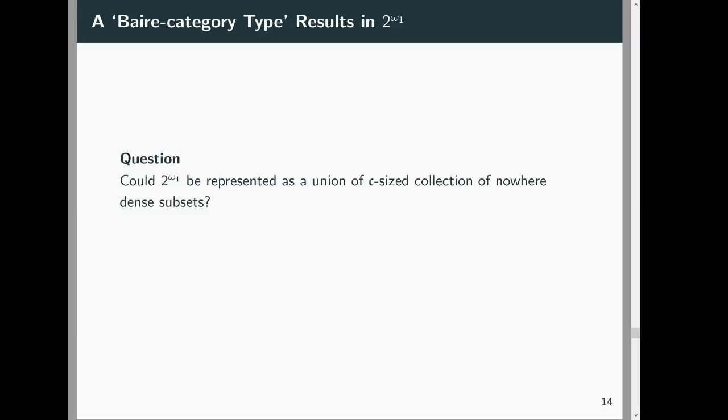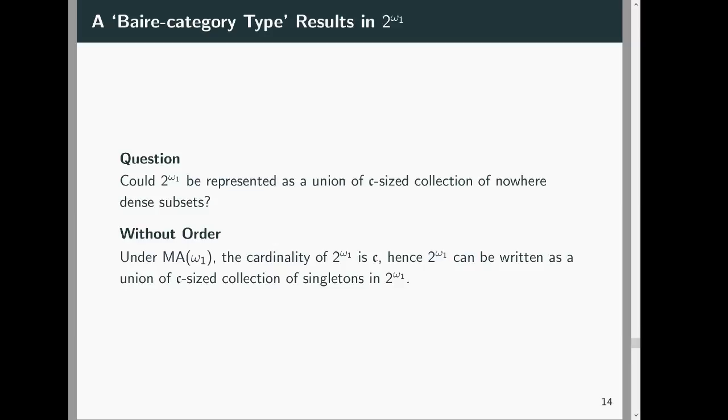The density of 2^ω1 in the G delta topology is 2^ω. For sure, if we don't consider order, under Martin's axiom 2^ω1 is C, so you take all the singletons and take a union, and you get the whole set. So this is impossible if we don't consider order.